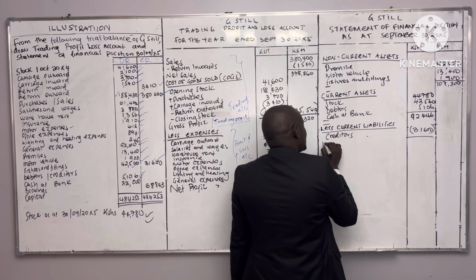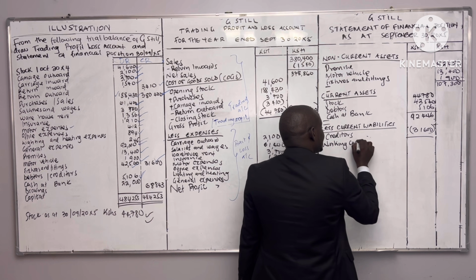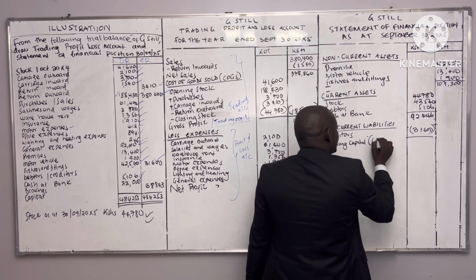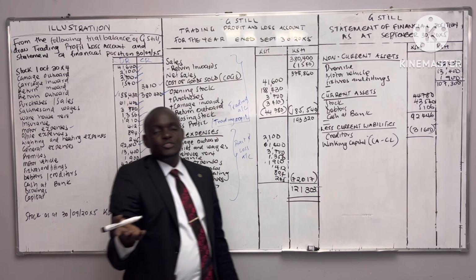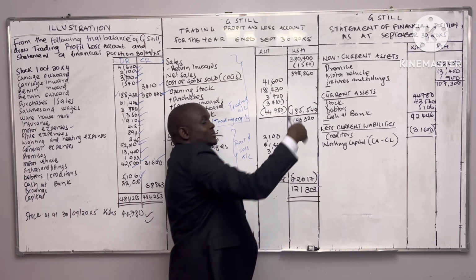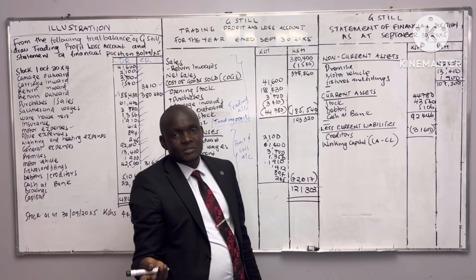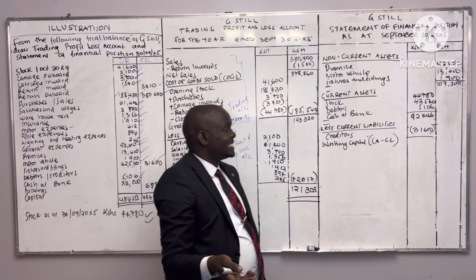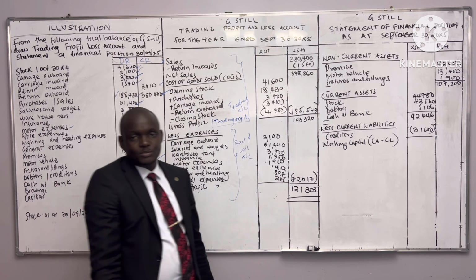What we get here is what we call working capital, which is current assets minus current liabilities. In other words, how much money do you have after paying your liabilities? We had some cash. Stock is also like money. It's called cash equivalent. Debtors is a cash equivalent. If you are to pay your creditors, how much money would you remain with for working or for engaging your business?